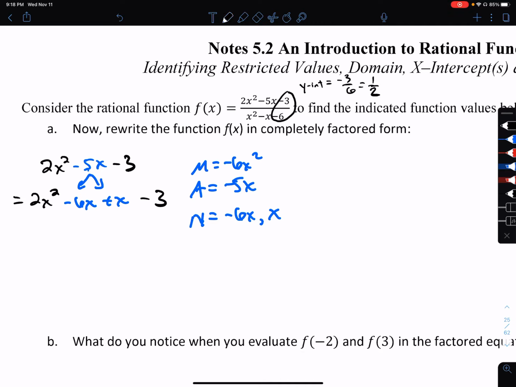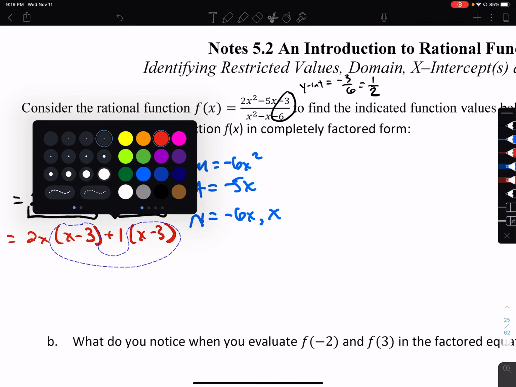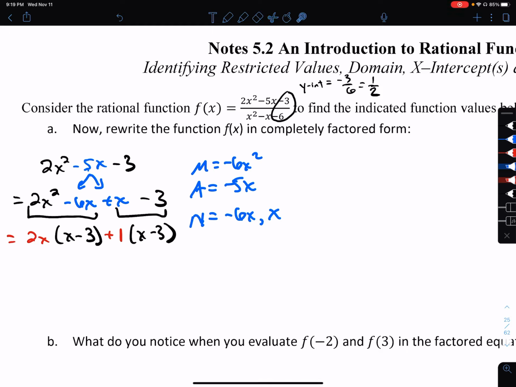matter. Now we have 4 terms, so if you factor by grouping, GCF of the first group is a 2x, leaving us with x minus 3. GCF of the second group is a 1, leaving us with x minus 3. You'll notice that in these 2 terms, this being one term, this being another, they both have the same factor of an x minus 3.